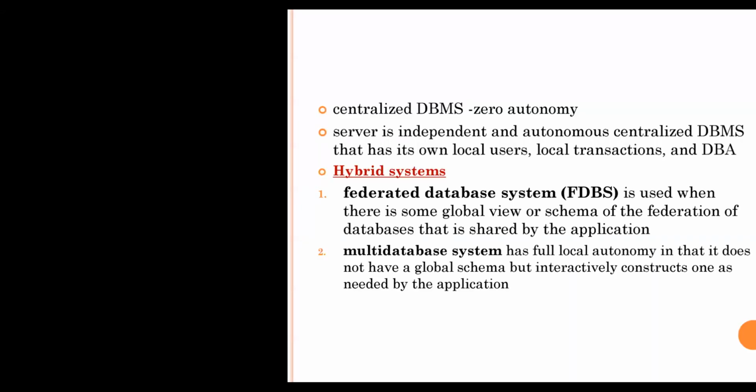Hybrid systems, federated systems, and multi-database systems. So we have four types of distributed databases. One is homogeneous, second is heterogeneous.